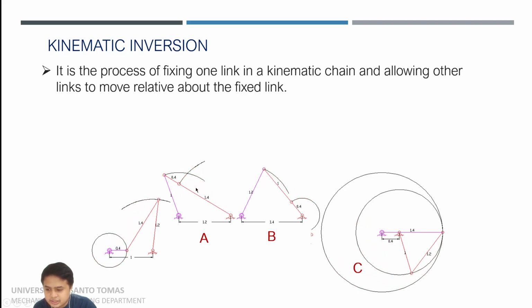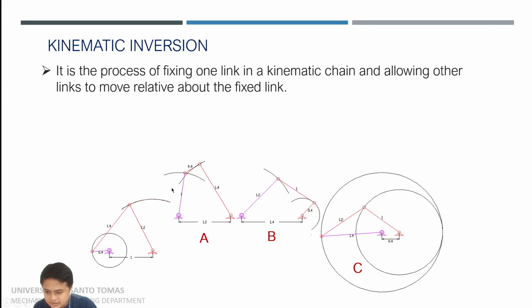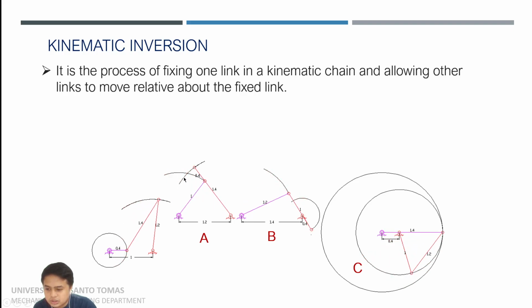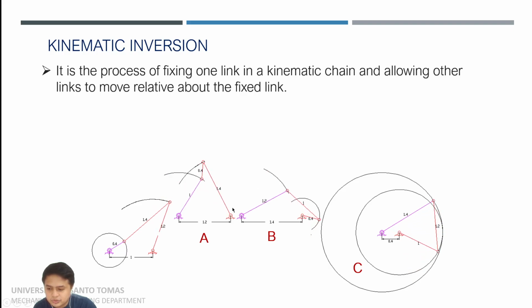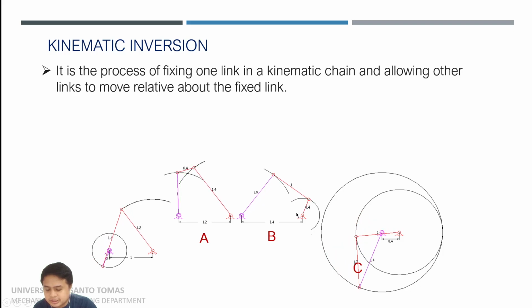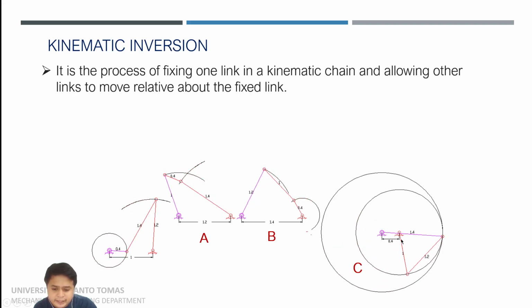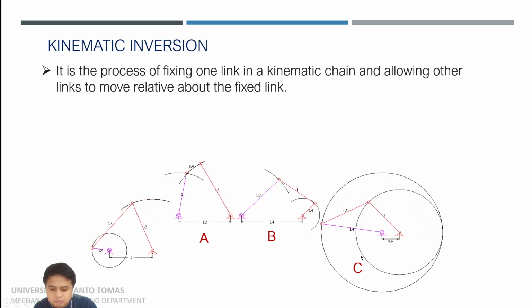We can derive this second inversion that has a different mechanism. This crank can revolve, but this one can only rock. So we have a double rocker system for the second inversion. And then for the third inversion, you can change that again. You can fix the 1.4 unit link, and you can have another different arrangement. And then the last one, you have a double crank scheme wherein both of this rocker and crank can fully rotate.